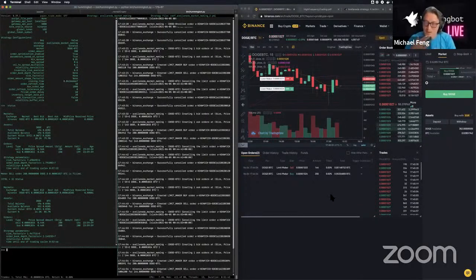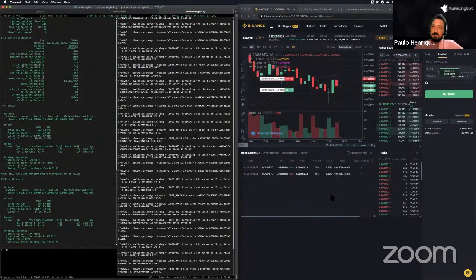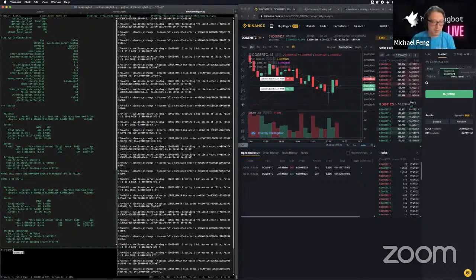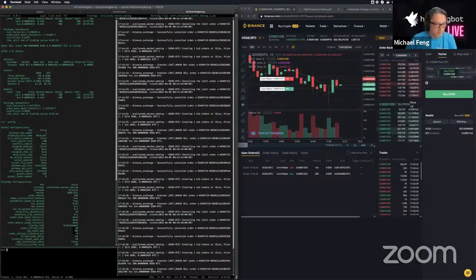Yeah, that's a great segue, because maybe we can give our audience some intuition around how this works. Right now my inventory target base percentage is 20%, and I'll change it and see what happens to the bot. It basically means I'm trying to keep the same percentage of Doge and BTC that I had out there.